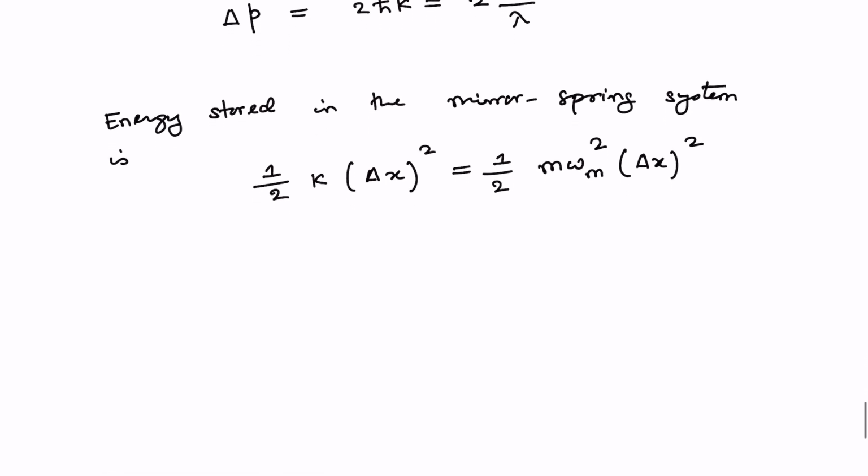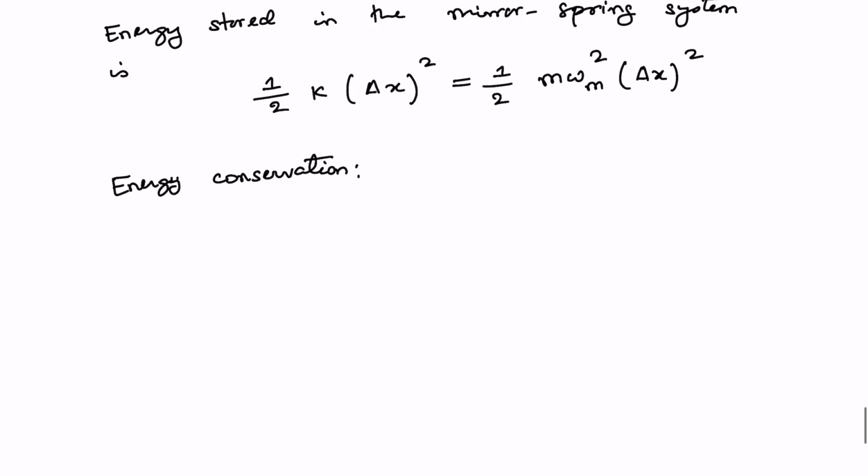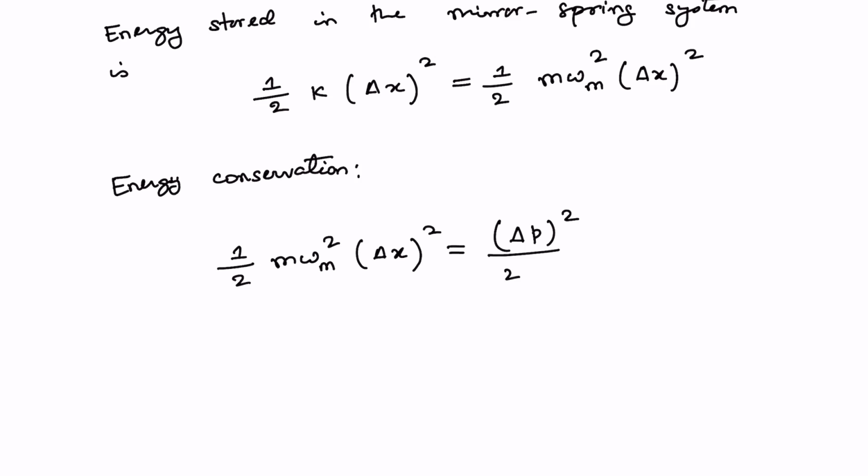Due to energy conservation, because the kinetic energy is getting imparted by the photon, so I can apply energy conservation. This kinetic energy is getting converted to the potential energy, so I must have 1/2 m omega m square delta x square equal to delta p square divided by twice m.